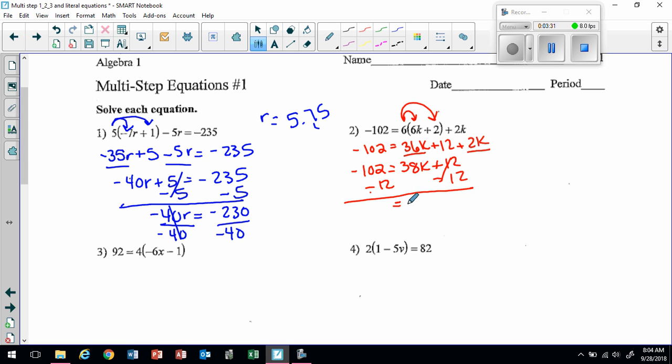That's going to give me a 38K and then I have a -114. What do I do? I divide by 38 on both sides. All right. You guys can do the work, push your buttons, and come up with an answer.